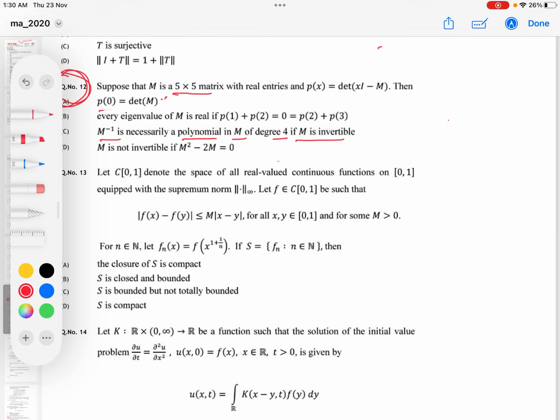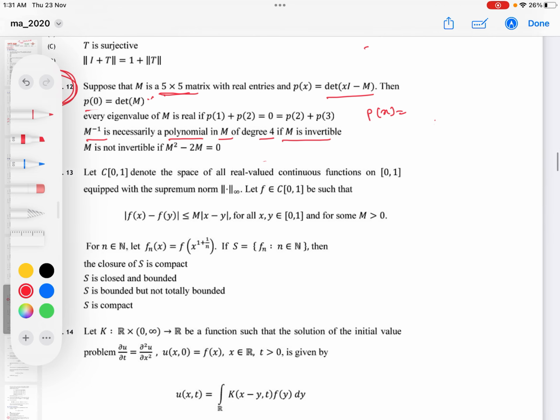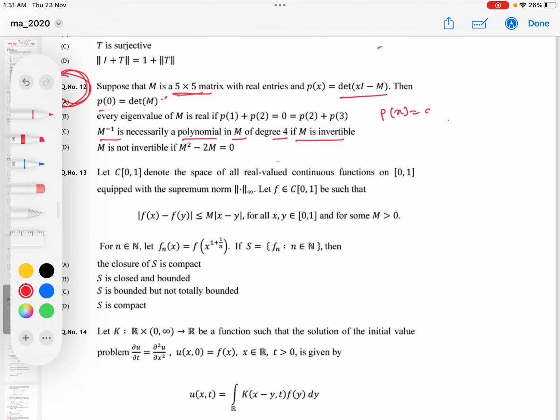So what we can do, we can maybe take a polynomial according to the question. We have a 5 by 5 matrix, so we can take a polynomial that is a0 plus a1x plus a2x square plus a3x cube plus a4x to the power 4 plus a5x to the power 5.